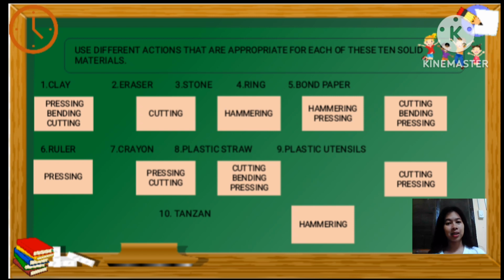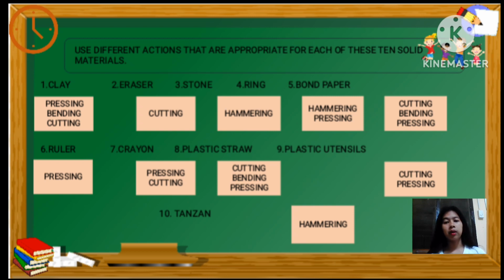Use different actions that are appropriate for each of these 10 solid materials. So number 1 is clay. These are the actions that are appropriate to use: pressing, bending, cutting. Sa eraser naman is cutting. Sa stone, hammering. Sa ring is hammering and pressing.